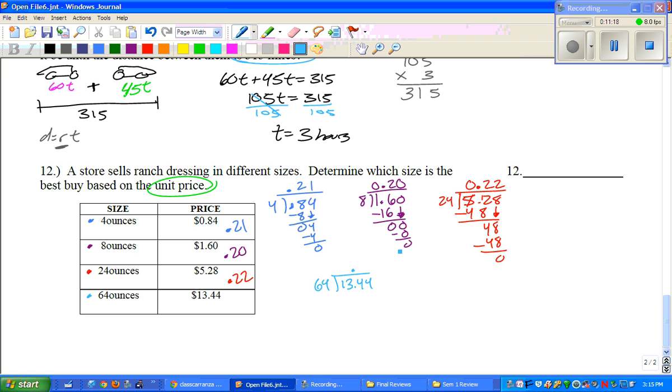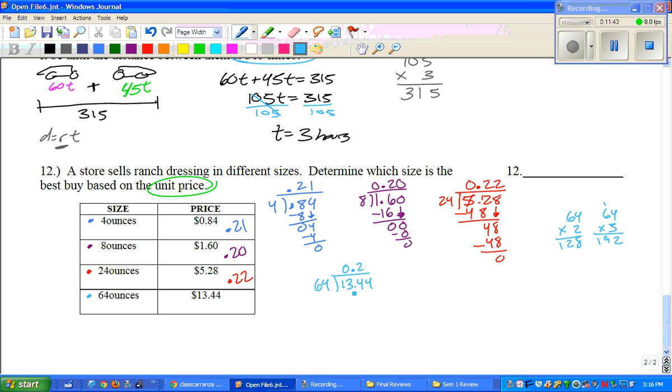1344 divided by 16. We know that 64 goes into 13 0 times, but how many times into 134? Let's check. 2 times 4 is 8. 2 times 6 is 12. So that's close. What about 3? Ooh, that's too many.